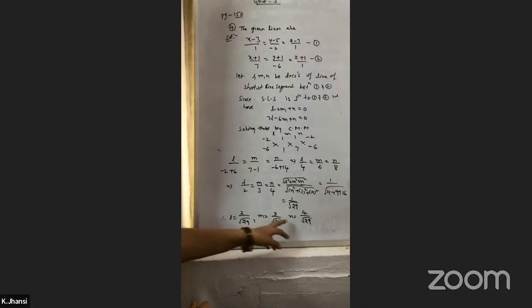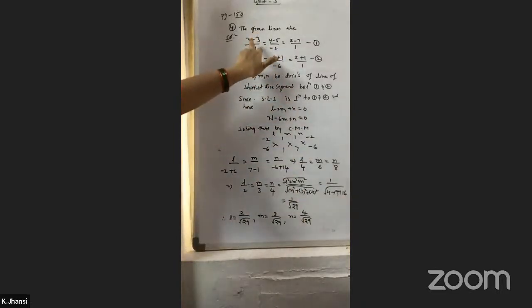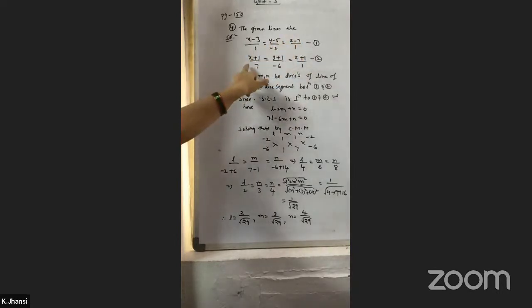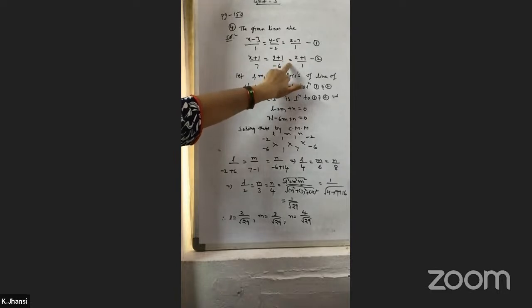Now from these l, m, n values, remember what is the line equation? (x − x1)/l1 = (y − y1)/m1 = (z − z1)/n1, and (x − x2)/l2 = (y − y2)/m2 = (z − z2)/n2.